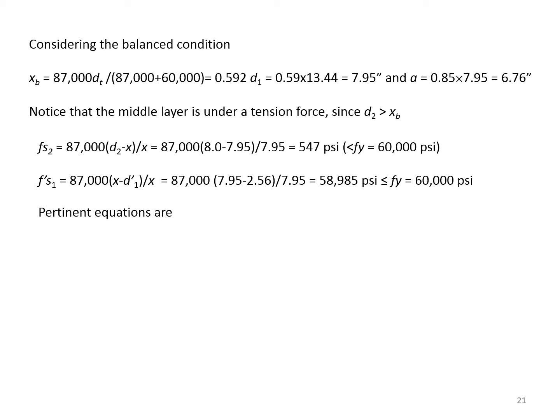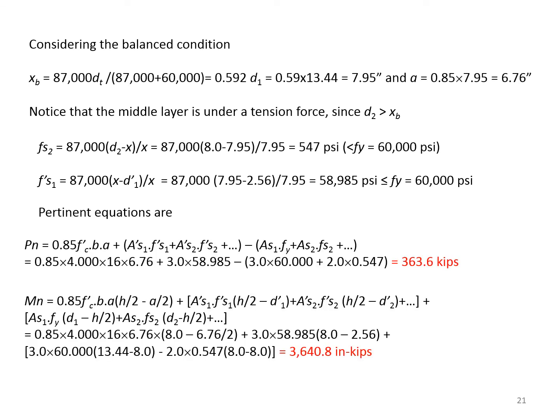The pertinent equations for Pn and Mn are given with the corresponding values computed by plugging those numbers into the equations. The Pn is equal to 363.6 kips and Mn is equal to 3,640.8 inch-kips. And of course, the eccentricity is now about 10 inches, dividing Mn by Pn.